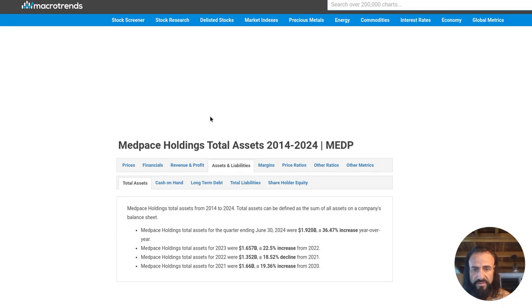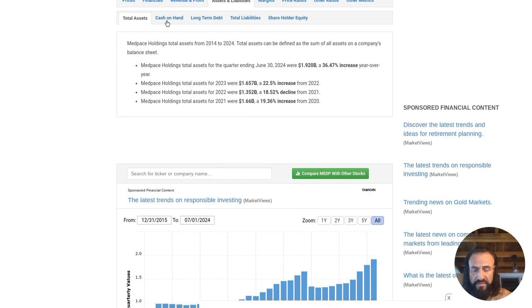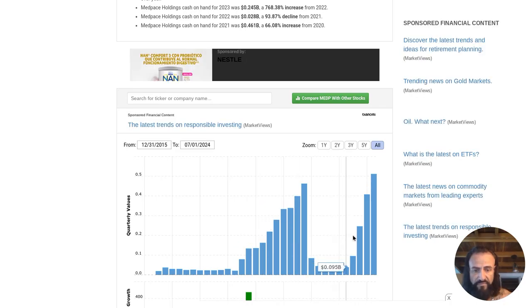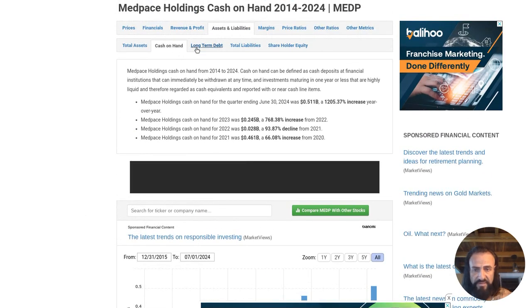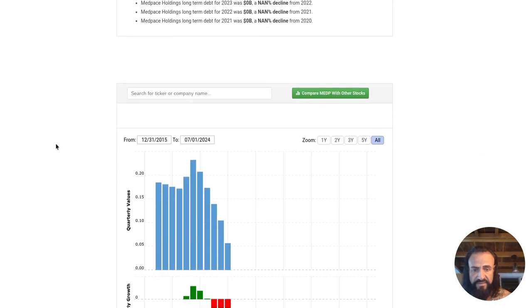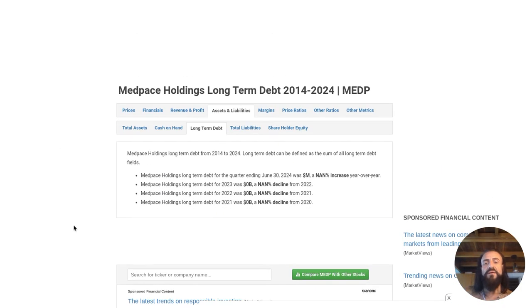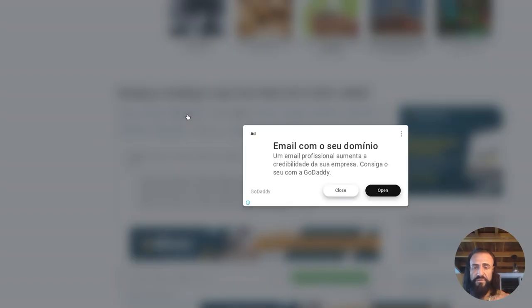Let's look at the assets and liabilities, total assets, cash on hand, about 40 million, and now they're holding about $500 million in cash. Let's see on the debt. They paid down all their debts. I think this is a pretty good company. It could be a candidate.